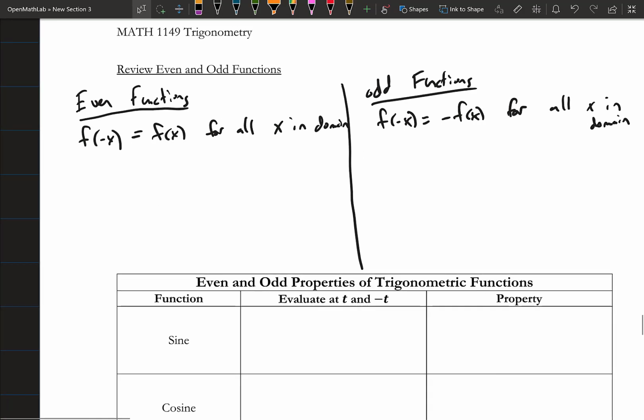So an even function is symmetrical with respect to the y-axis.